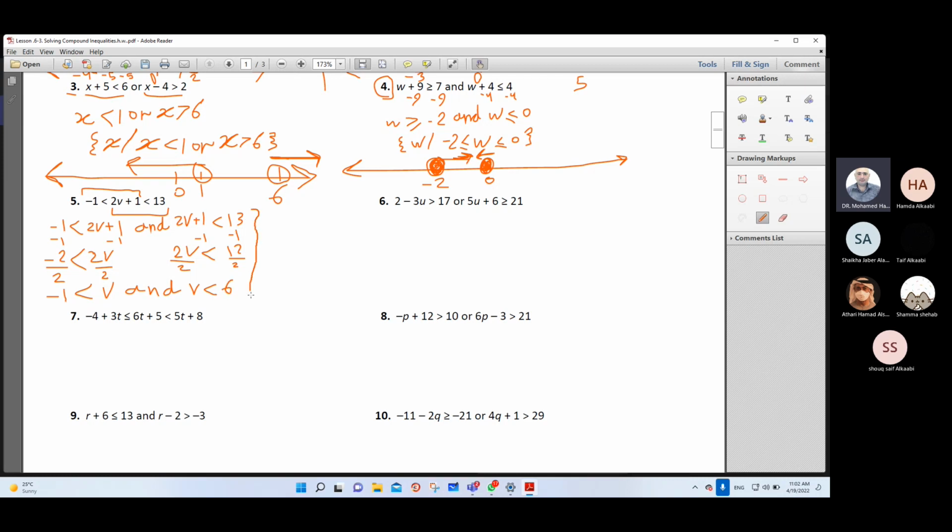So the set of the solution: v such that v is between two values, v greater than negative 1 and less than 6.